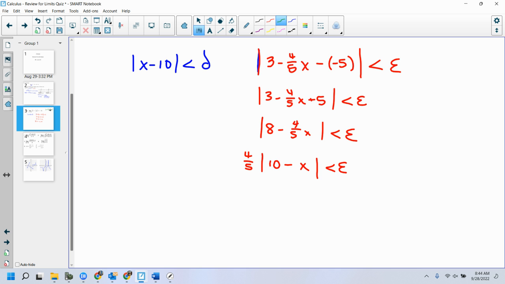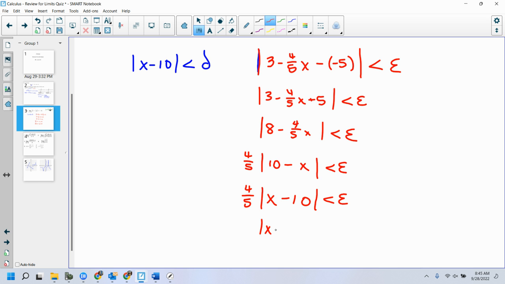So what I can do here is say this is actually going to be 4/5 of the absolute value of x minus 10 is less than epsilon. That's the part that you may not have known how to do, and dividing out the 4/5 is kind of weird too. All right, so let's solve for x here. Let's divide over the 4/5.